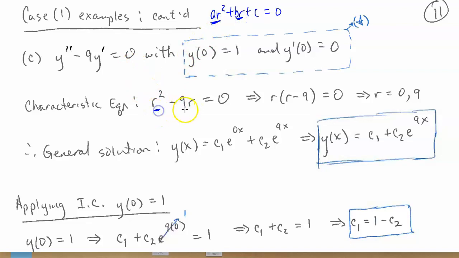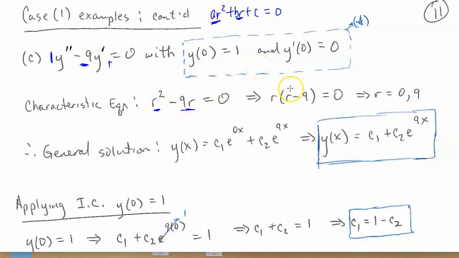So that's why our characteristic equation here is just r squared minus 9r, where of course the understood 1 here is our a, and the minus 9 here is our b. And since we don't have a term with y in it here, that's why c is assumed to be 0.